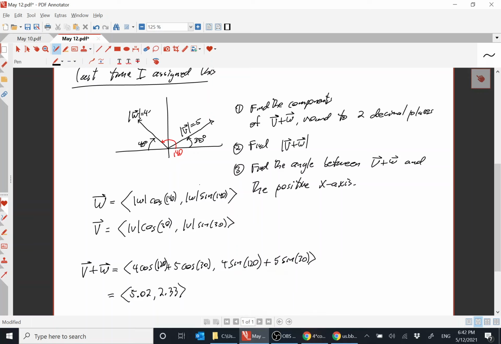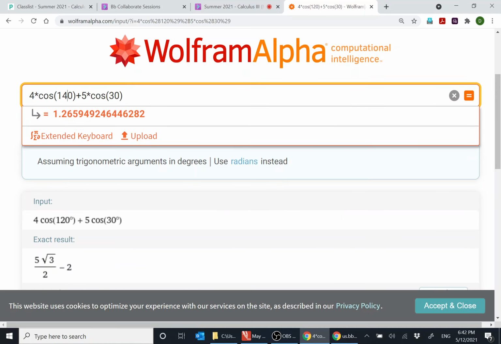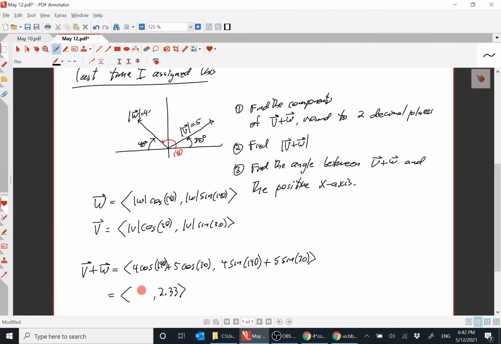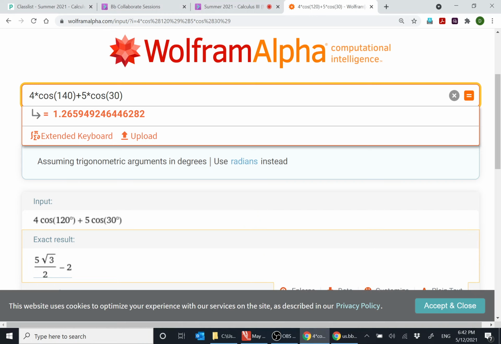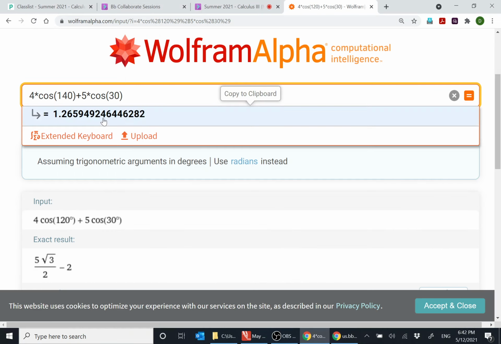Oh my goodness. 140. Yes. One more time. 140. 1.27. So that is the 1.27. That's the x coordinate. 4 cosine 140 plus 5 cosine 30.